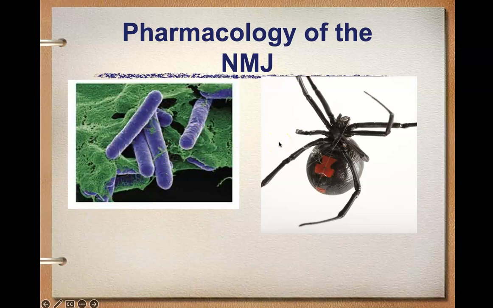But this initially leads to really painful muscle spasms and rigidity. So your muscles are contracted and in spasms, not all of them, but a lot of times individuals that are bitten by a black widow will have some of their muscles undergoing these spasms and rigidity. And then this is typically followed by a progressive failure of the transmission of those messages at the neuromuscular junction, because those presynaptic vesicles are going to be all depleted.